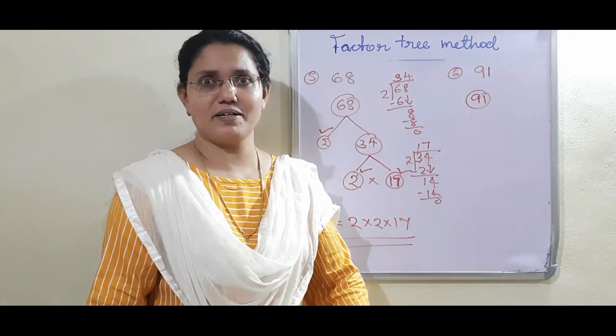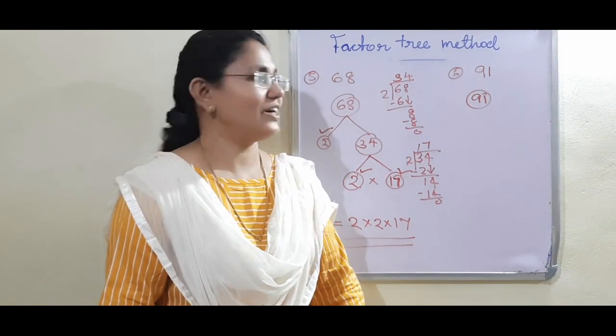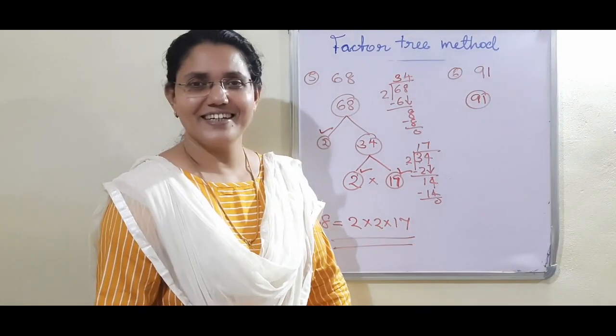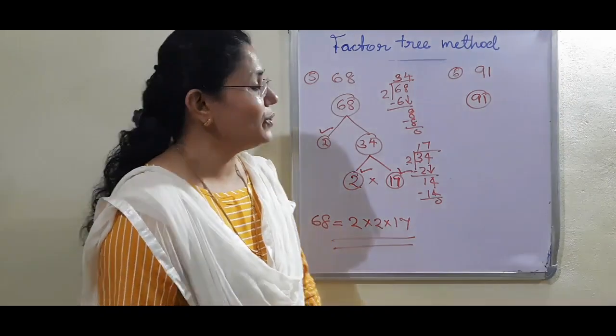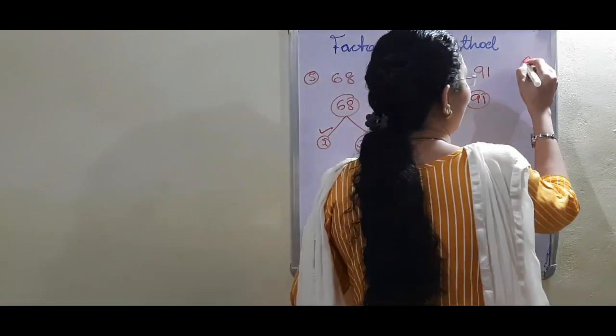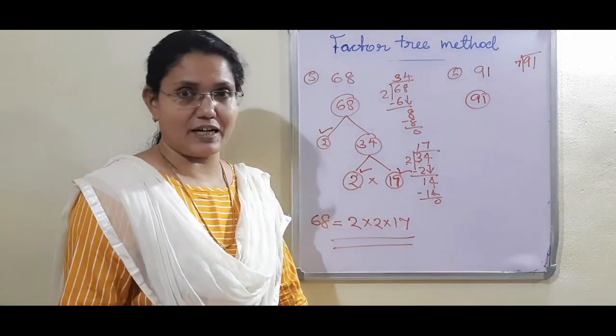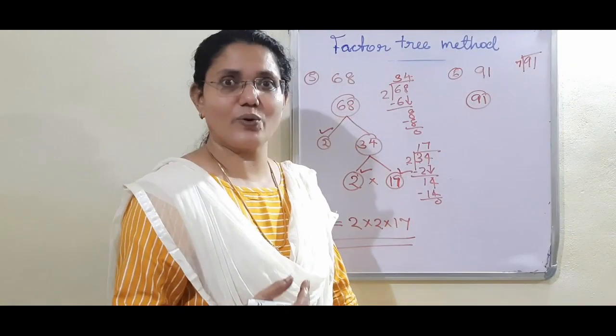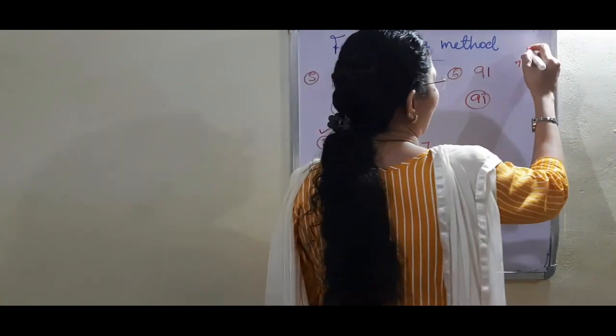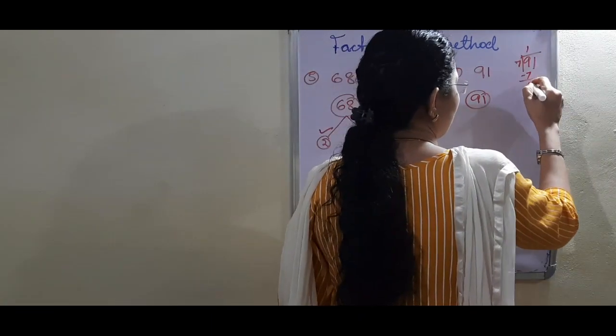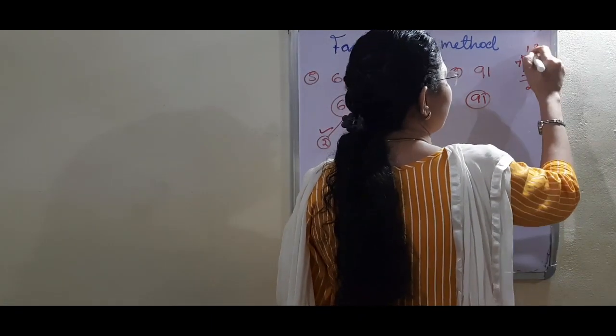Next prime number 7. Okay. Now how to check? You have to divide 91 by 7 directly. If you can divide it completely, meaning the remainder is 0, it is divisible. 7 in 9, 1 time. 7 is there. Subtract, 2. 21, 3 times.